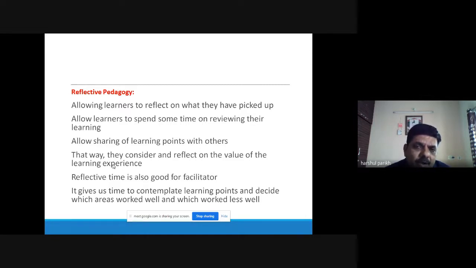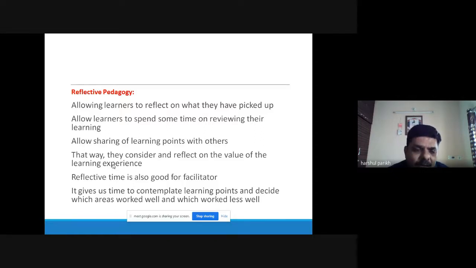This kind of pedagogy is very good for the facilitator also. The facilitator can decide whether the students have achieved the goal or not, and can judge whether learning has happened in the students or not. So it gives us, that means teachers, time to contemplate learning points.